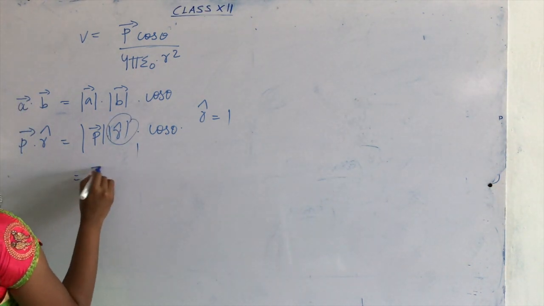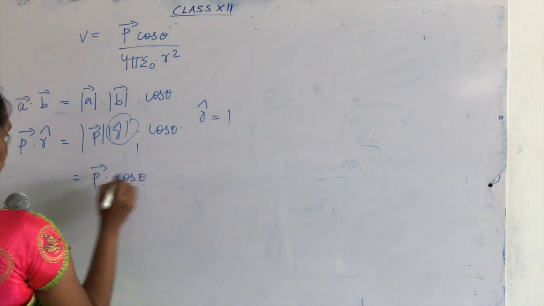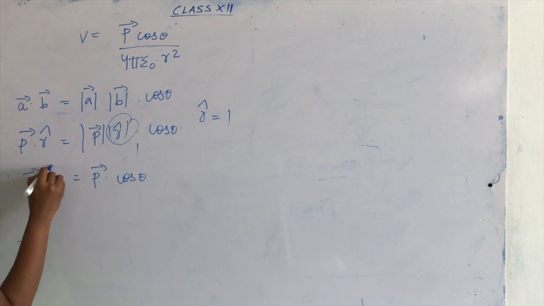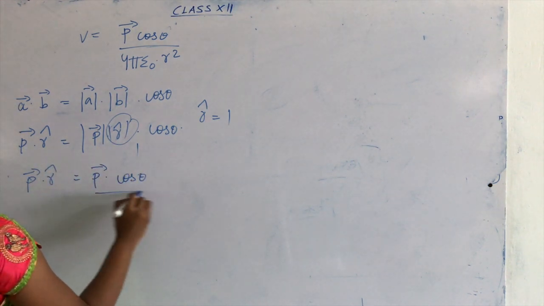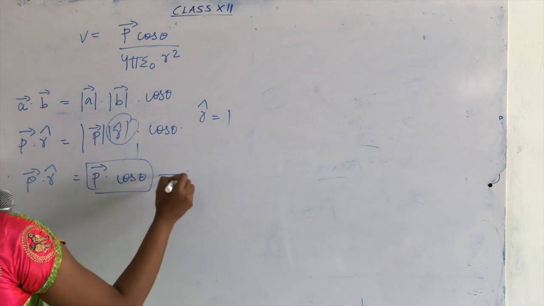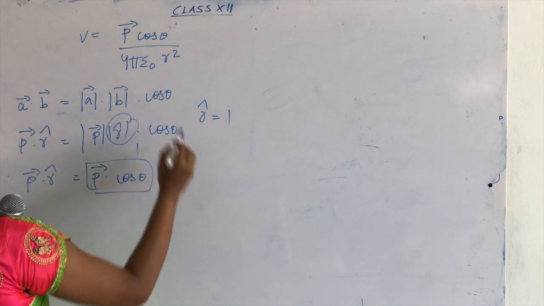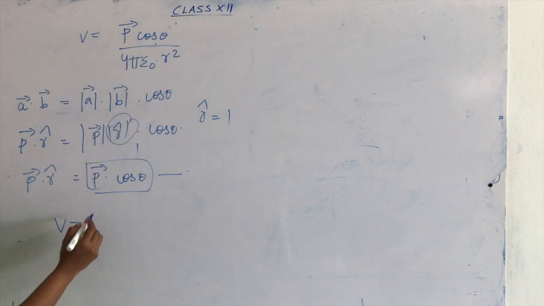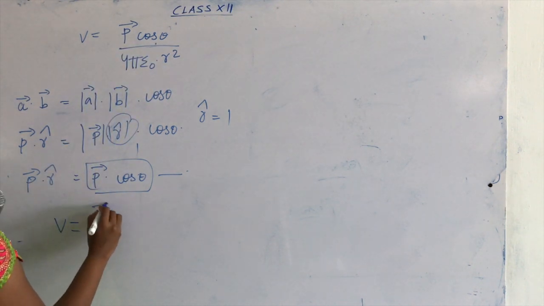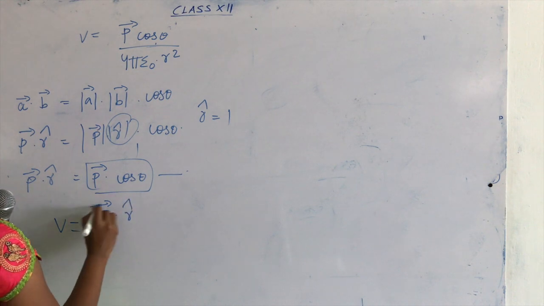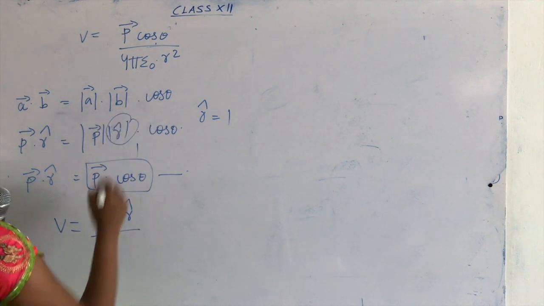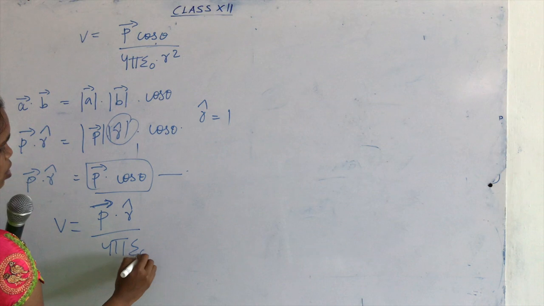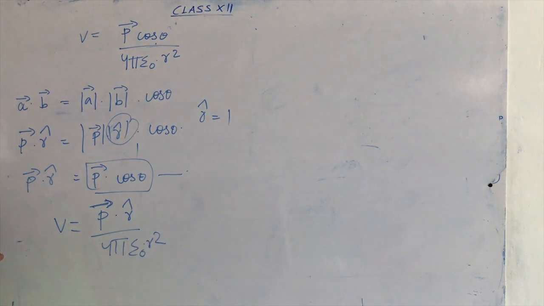Now, this P cos theta is replaced here. So, V equal to P vector dot r cap by 4 pi epsilon 0 r square. This is the expression.